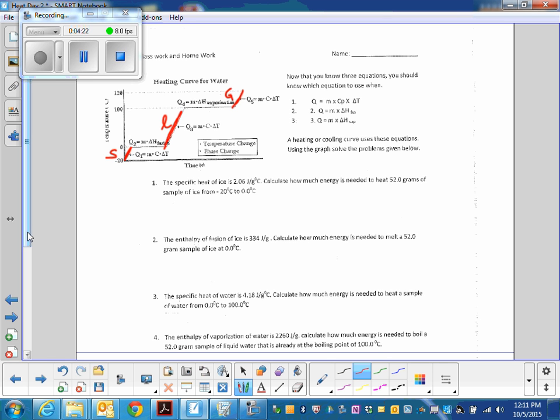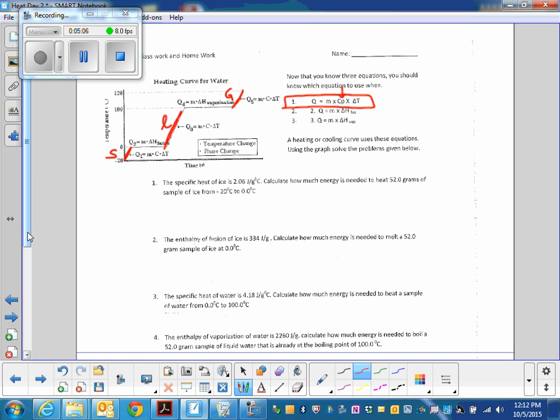So the equation that you use when a solid, a liquid, or a gas is being heated is Q equals M times Cp times delta T. But you have to watch out for the Cp. The specific heat of the solid is different from the specific heat of a liquid, which is different from the specific heat of a gas.